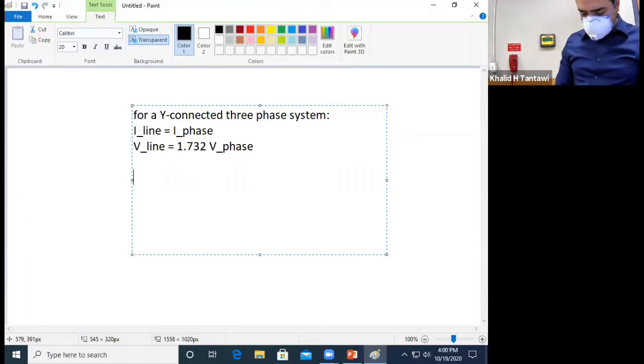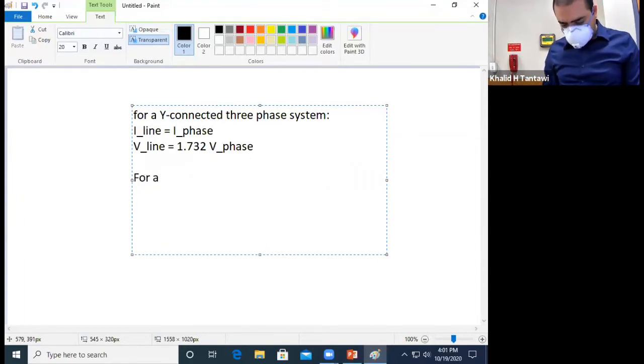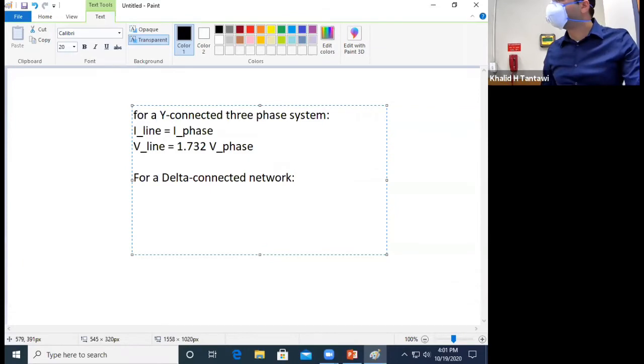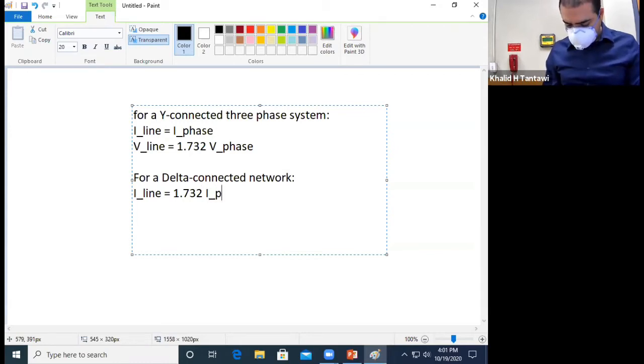Now for the delta connected network, I line is equal to 1.732 I phase, the square root of 3.